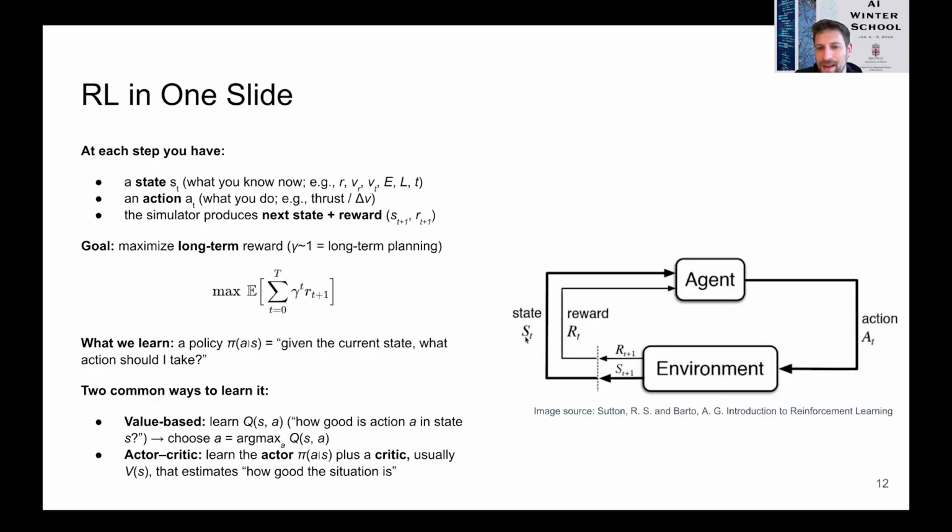The state could be things like the radius, the radial and tangential velocities, the energy, the angular momentum. Those are variables about your spacecraft. And then maybe what time step you're at or what the last action was can go in. The agent can make a decision, given that information, to do an action at time t. So that's what kind of burn we do at time t.